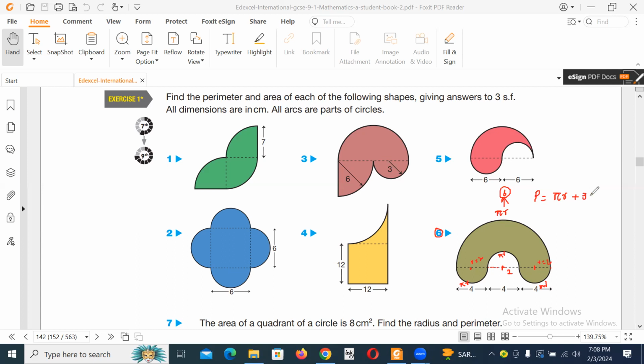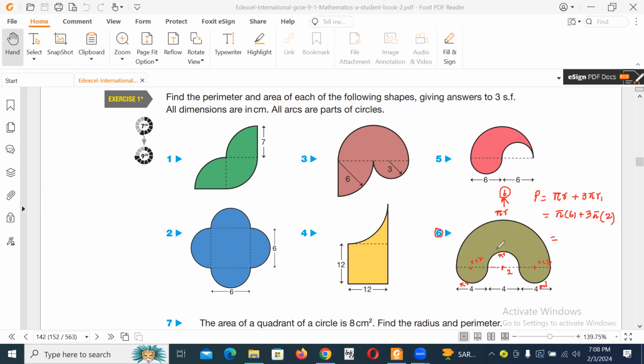Remember, for the first, r is 6, and for the other three cases, r is 2. Then we can check in the calculator.